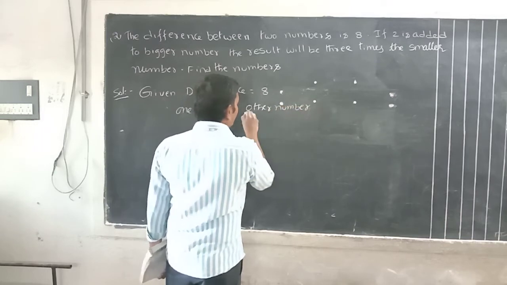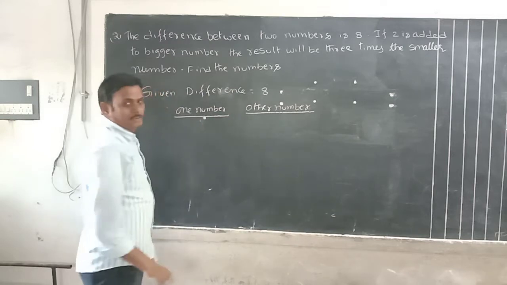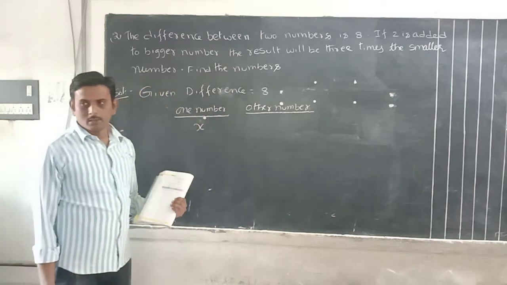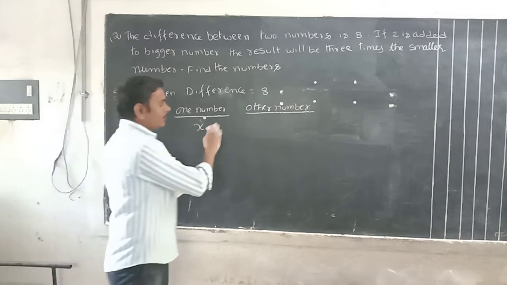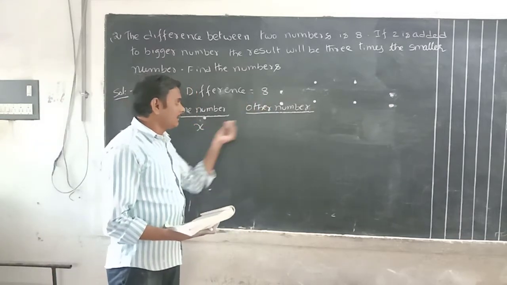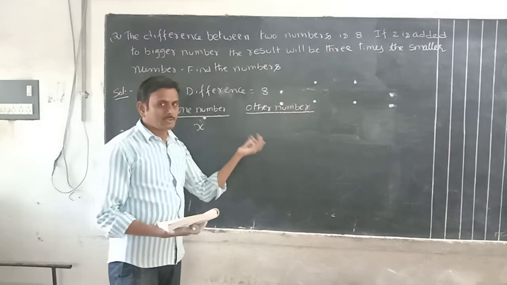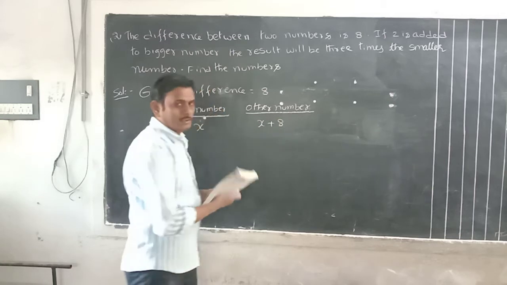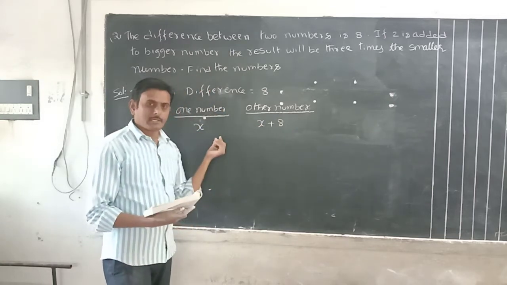If I take, let's say, x as one number, and compare it to the other number, the difference is 8. That means this one is 8 more. So I take x plus 8. If you take the difference between these two, we will get 8 only.